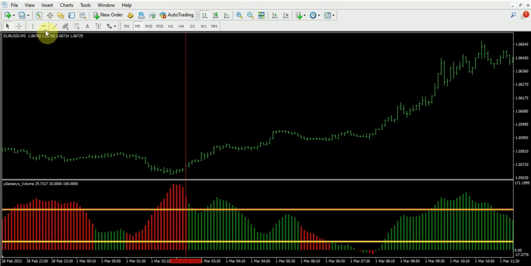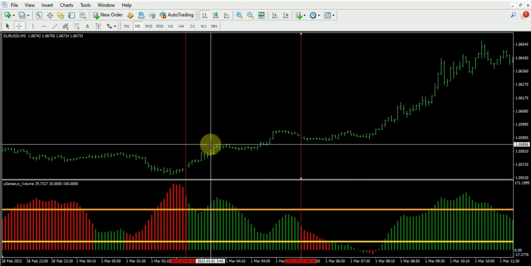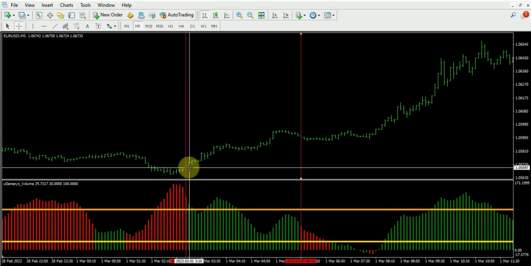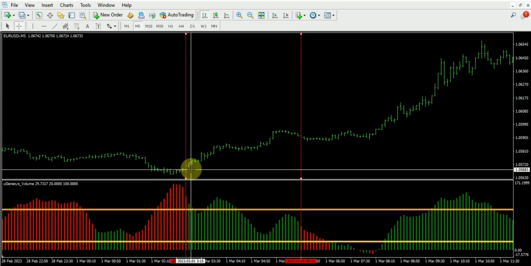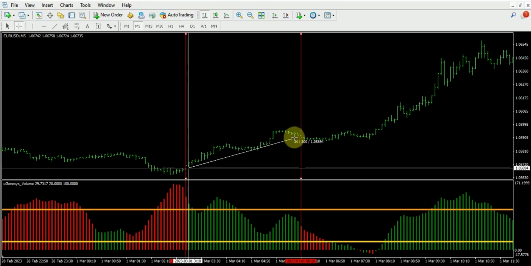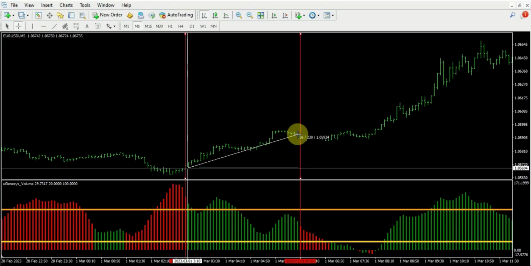Put our lines right on this part. Alright, let's just use our crosshairs tool to measure. Alright, so this gives us a movement of 23 pips, okay guys?